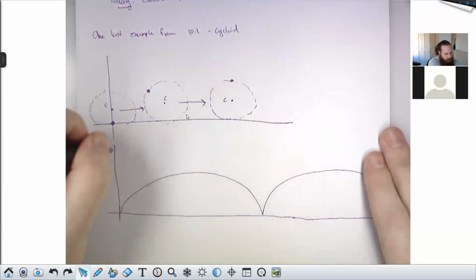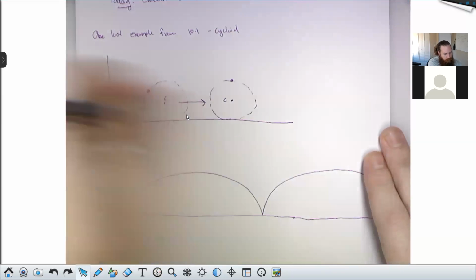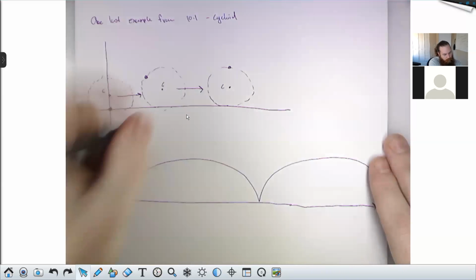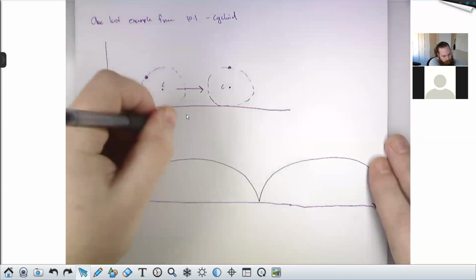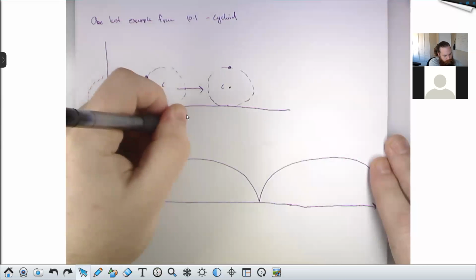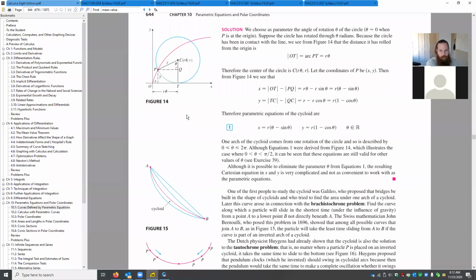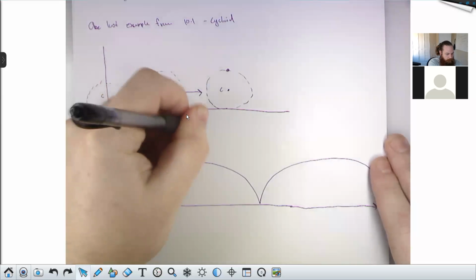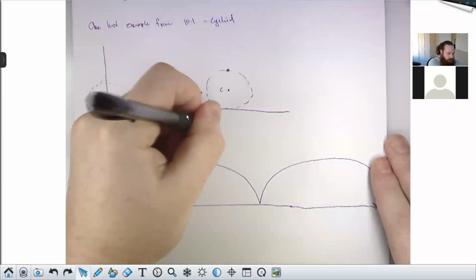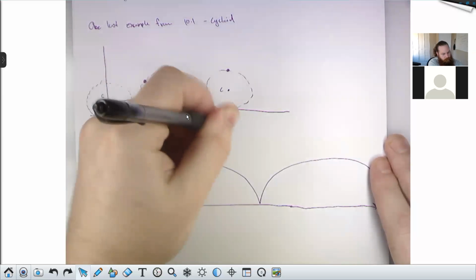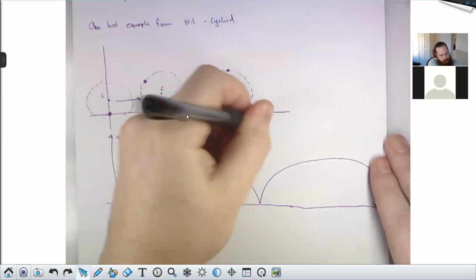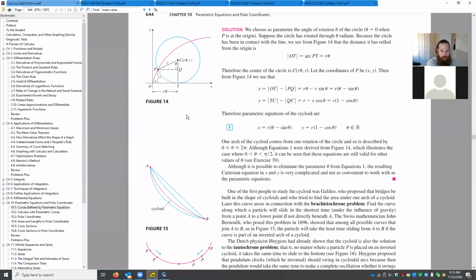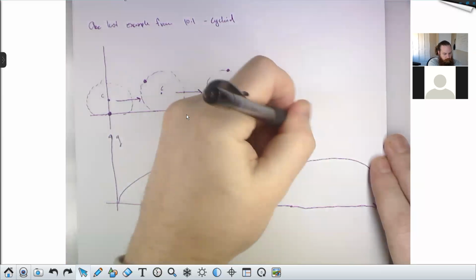The parametric equations for this curve: x of t, depends on the radius of the circle you're playing with, is r times (t minus sine t), and y of t is r times (1 minus cos t).